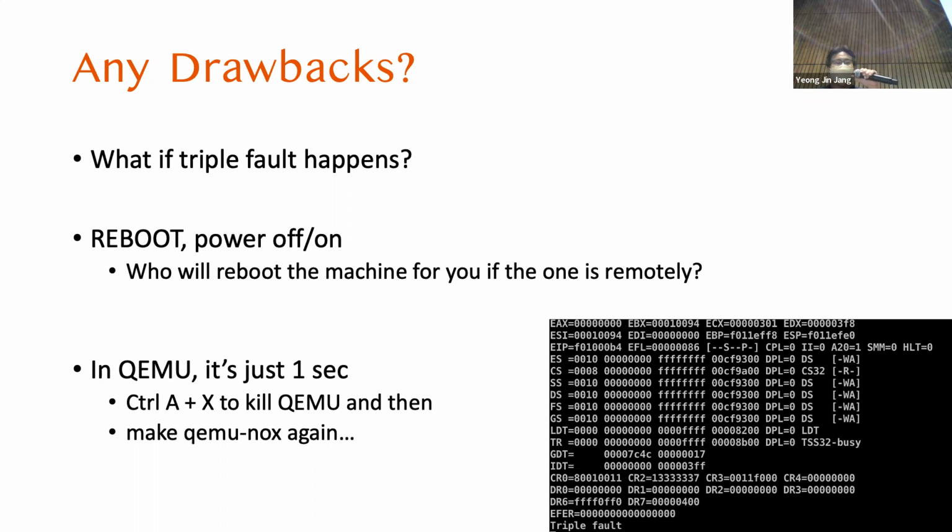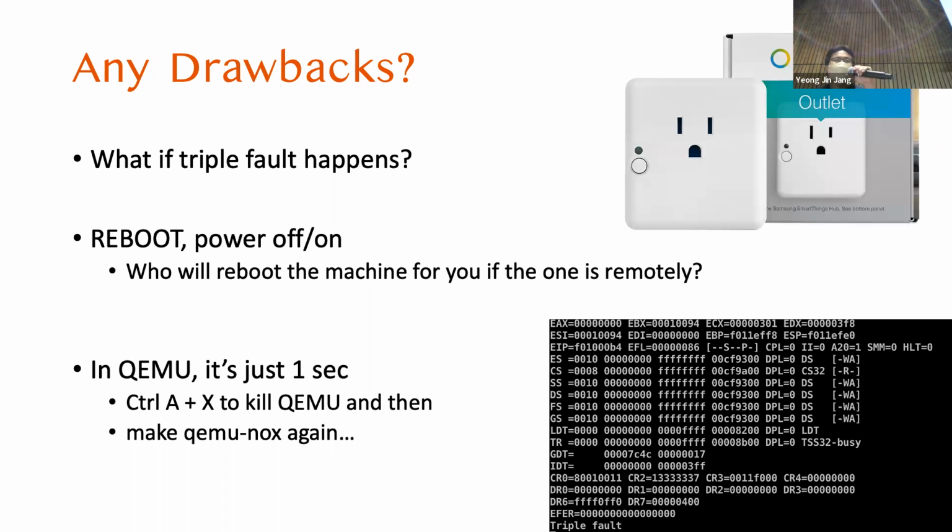If the CPU halts, you need a smart power outlet to remotely turn it off and on. But I'm talking about the old era, when there were no such devices at all.